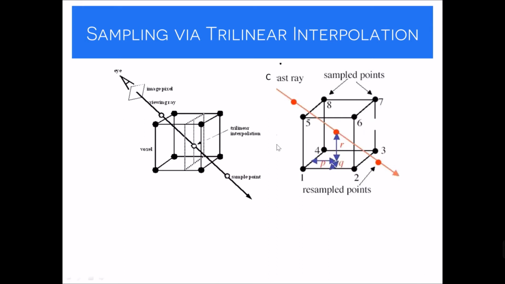So let's see how this works. Essentially a three-dimensional pixel is what's called a voxel. This is a voxel here. And this is the eye again, and this is the image pixel here, and this is the viewing ray. And this viewing ray has stopped here in this cell. If you think of it, that is a slice here, and below is another slice, and these are the pixels in a slice, and they form a three-dimensional cell.